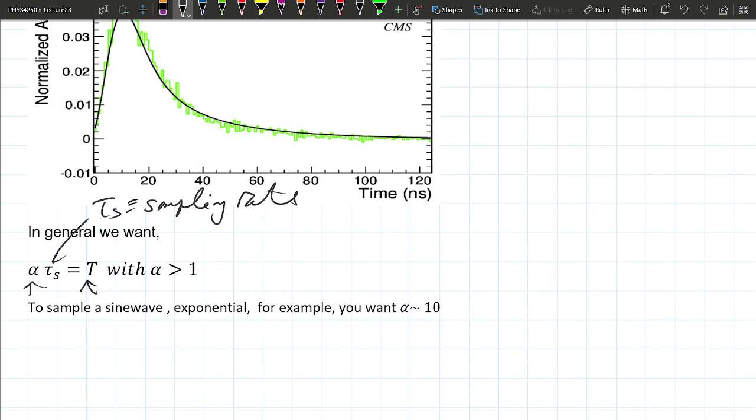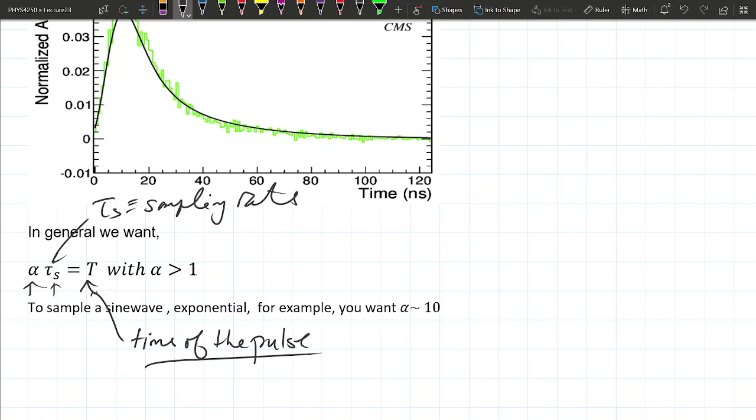okay? So a lot of times these are actually not periodic, so this is like the time of the pulse, okay? And they'll use this term, oh, if the time of the pulse is 30 nanoseconds, right? That means you want the sampling rate to be, you know, maybe 3 nanoseconds, okay?